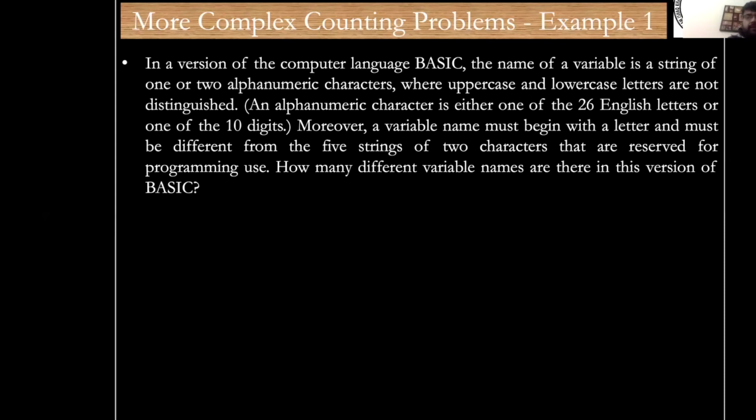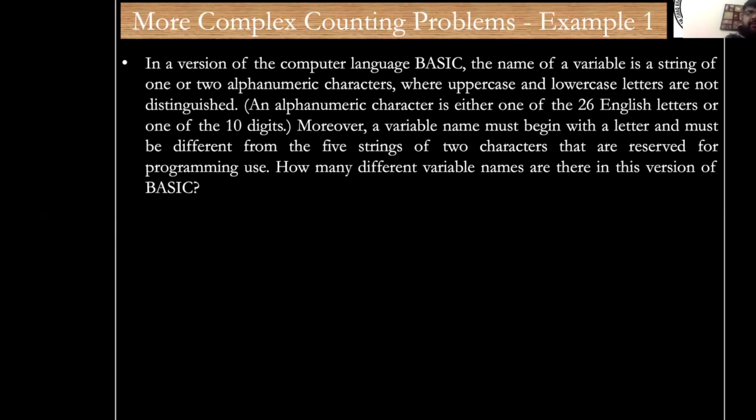If it is length 1, we know that there are only 26 options. If it is of length 2, so far, from what we have read until the point where the variable name must begin with a letter, we know that for length 2 it can have 26 for the first and 36 for the second.